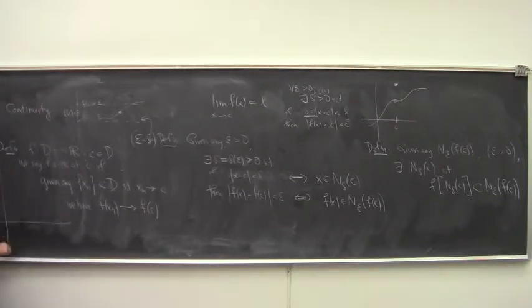So this is your old-fashioned definition: if you take any sequence that gets closer and closer to c, then the outputs of that sequence get closer and closer to f(c).